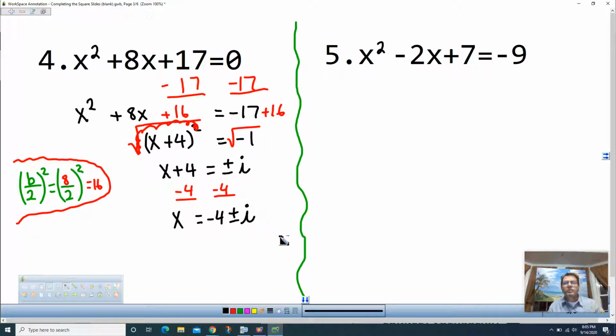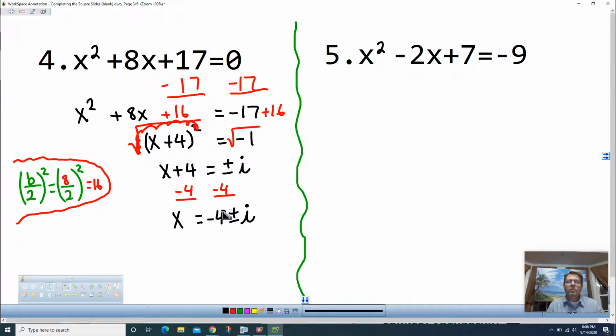Okay. So the reason why it's called completing the square is that we like to take square roots of both sides, but you got to have the right set of numbers to make that happen. So since 17 wasn't cooperating, we got rid of it to the other side, tossed it to the side, and then we said, okay, let's take this middle number here, divide it by 2 and square it, because that will give us a perfect square, thus completing the square.